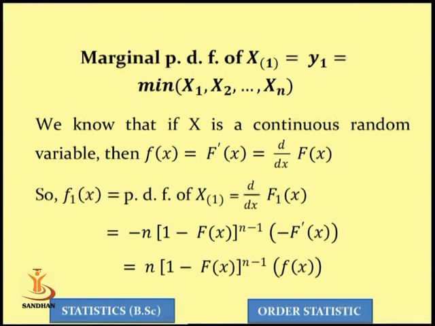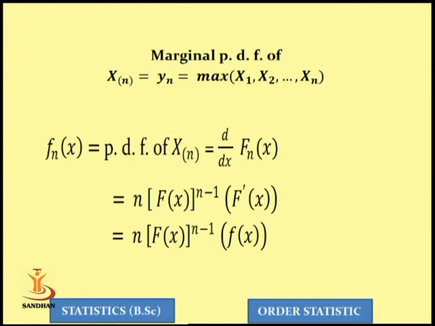So the PDF of the minimum order statistic is n times (1 minus F(x)) power n minus 1 times small f(x). Likewise, the marginal distribution of the maximum order statistic is similarly derived from its distribution function. It is d by dx of the distribution function of the largest order statistic F_n(x), and that is going to be n times F(x) power n minus 1 times the density function small f(x).